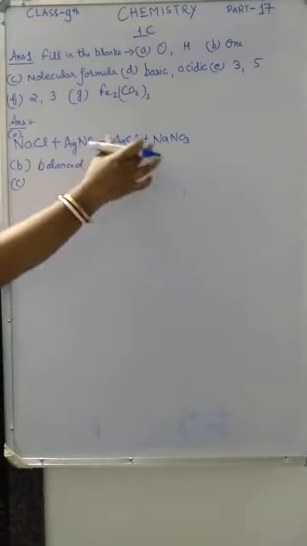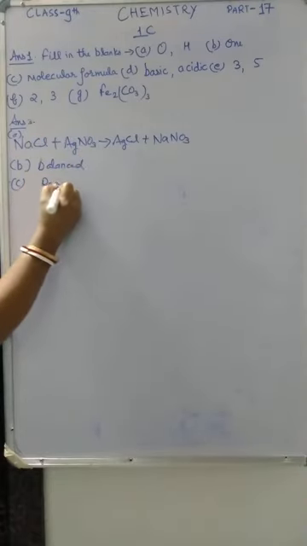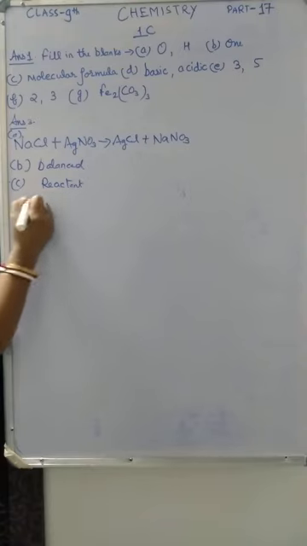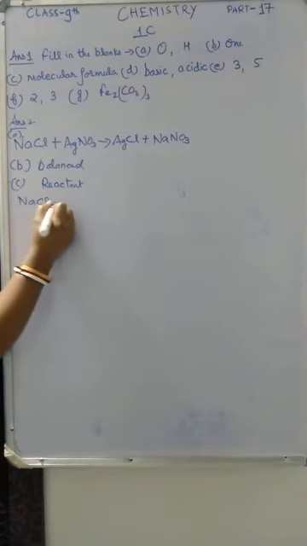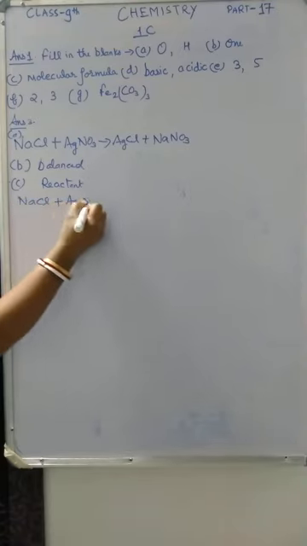Now third one, find the weights of reactants and products. You have to find out the weight of reactants and products. So your reactant is NaCl plus AgNO3. For this you should know the atomic masses of the elements.